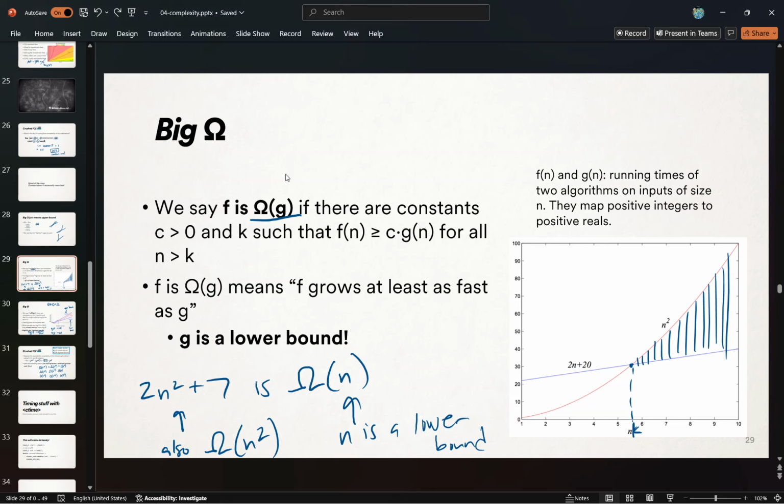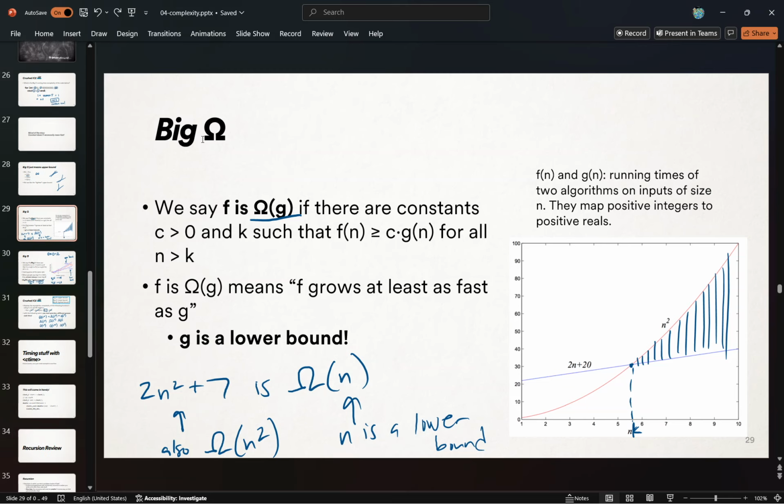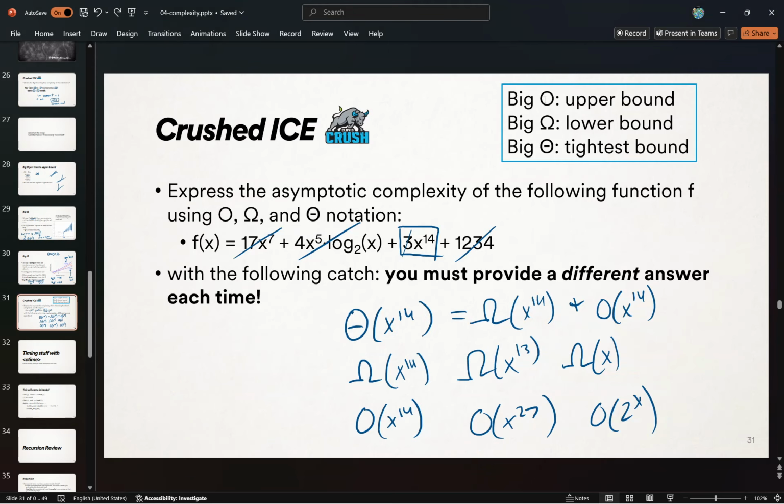I will not ask you to do that in this class. CSCI 26 is where I would ask you to do that. That's where you learn how to prove things. I really just care that you've heard these definitions once. We're just going to fall back on the idea of big theta, the tightest bound, for big O at the same time. But you need to hear these words once so that you know where they're coming from. This is their origin story.